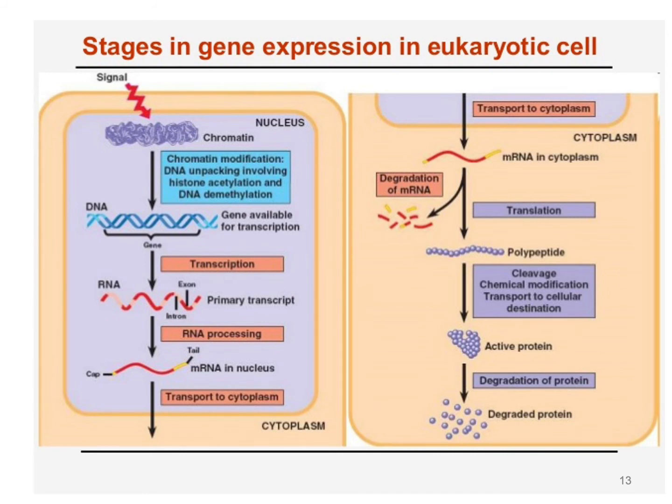You see that from the DNA, after the signal, the gene available for transcription will be transcribed to messenger RNA. But this messenger RNA should undergo splicing, a maturation, and after that we will have the real messenger RNA, which, see the right side of the picture, is outside the nucleus, inside the cytoplasm.